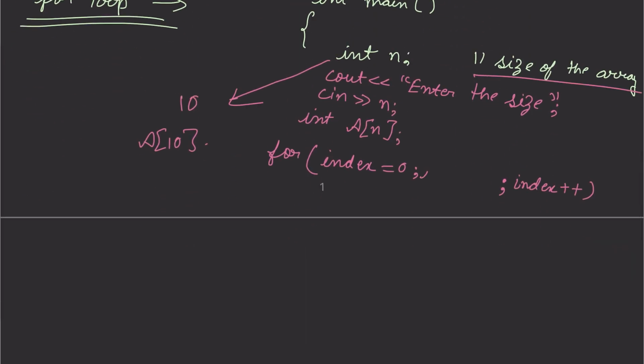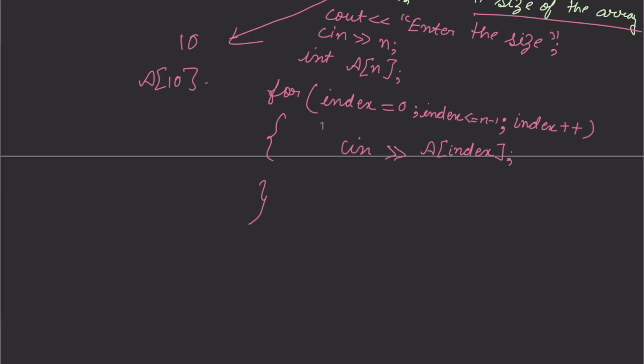So I can write this like this: index less than or equal to n minus 1. Is this correct? Yes, this is correct. Now see, in a of index, and let's try in this.